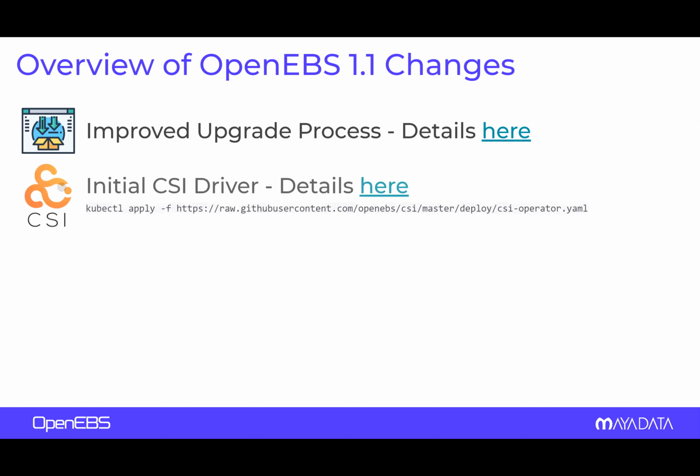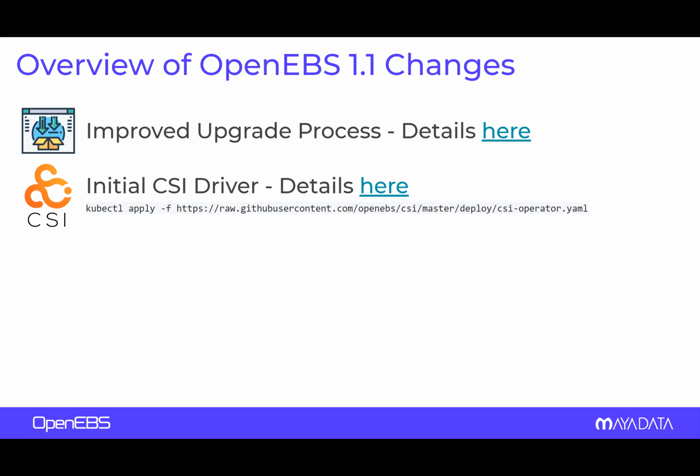And also, there is alpha support for a CSI driver with limited functionality for provisioning and deprovisioning of cStor volumes introduced. Once you have OpenEBS installed, you can take it for a spin on your development clusters using the instructions provided in the OpenEBS docs.